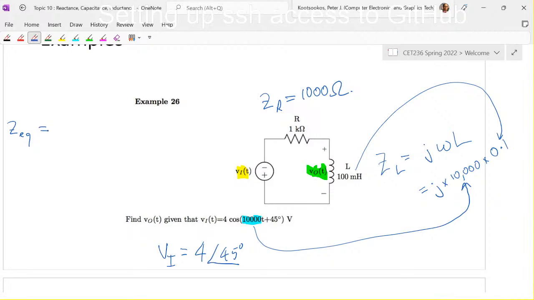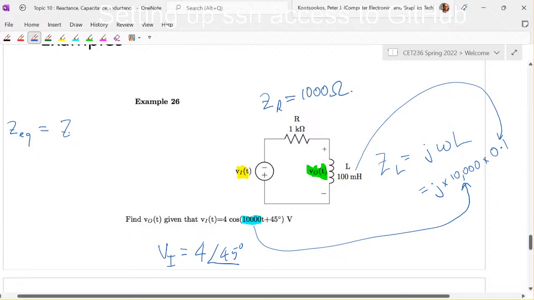And let's pick on someone else. Is Alex here? Yeah, Alex, can you tell us how we find, if we had R1 and R2, what would be the equivalent resistance, and then if you can infer what that means for our impedance. Yeah, exactly. So we just add ZR plus ZL because they're in series.